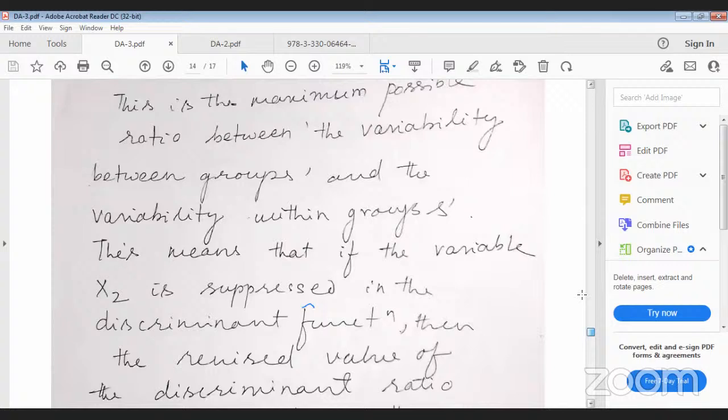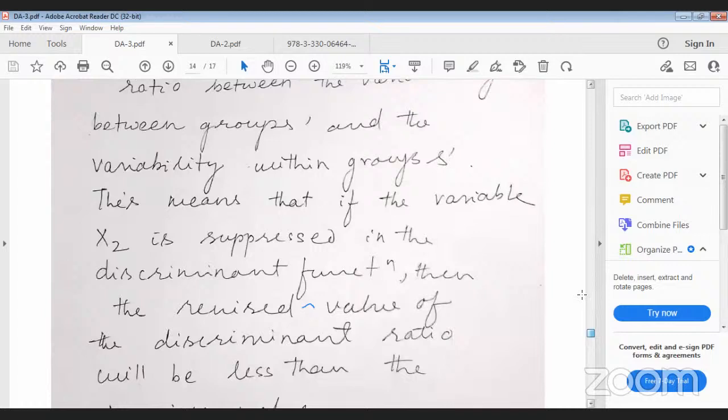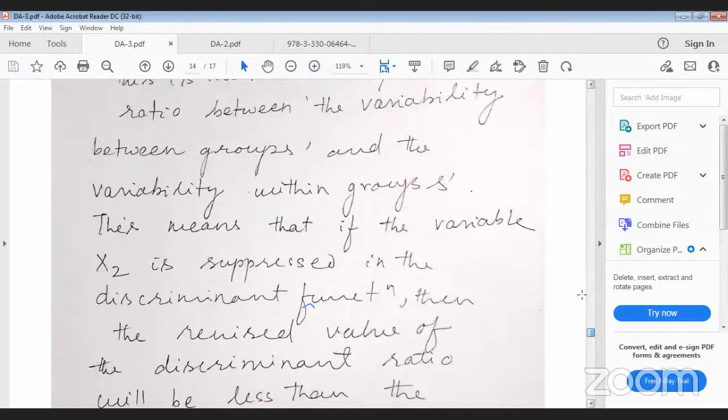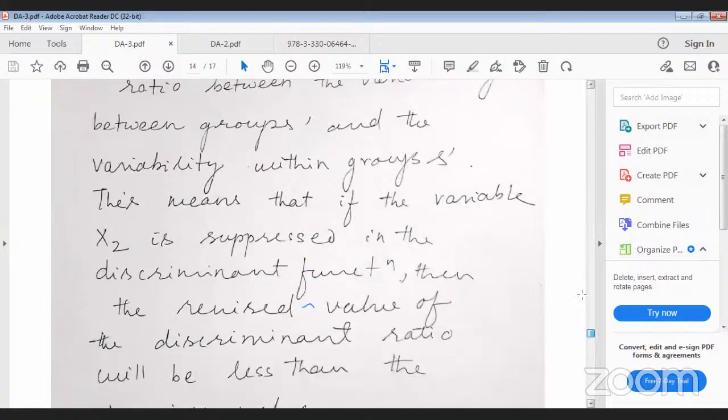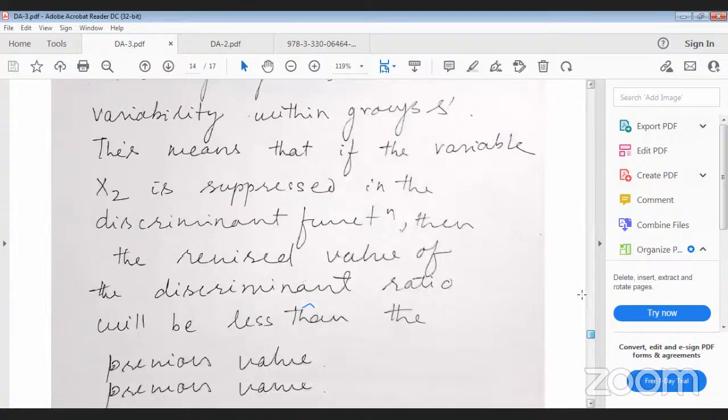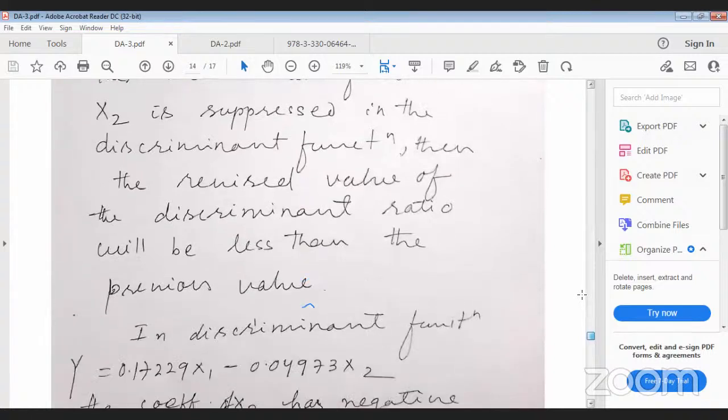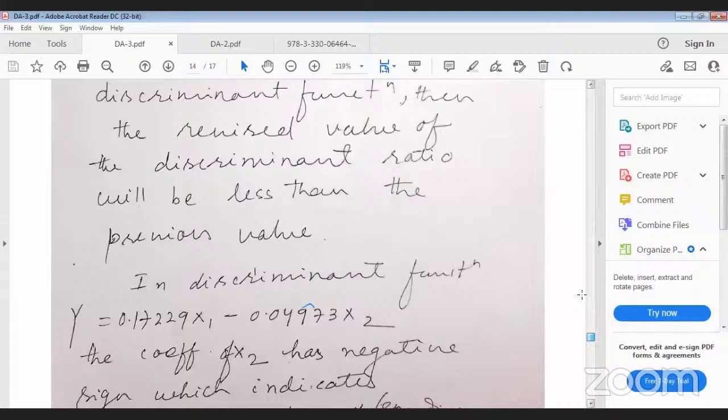Next, we will calculate. This means that the variable x2 is suppressed in the discriminant function. Then the revised value of the discriminant ratio will be less than the previous value. In the discriminant function, we have got 0.17 this one and 0.04973 x2.